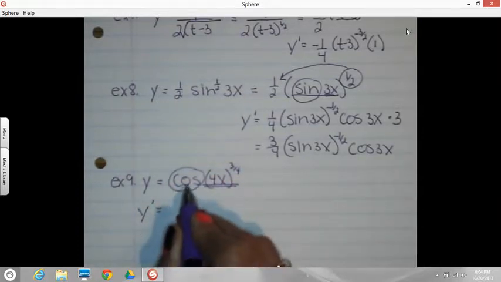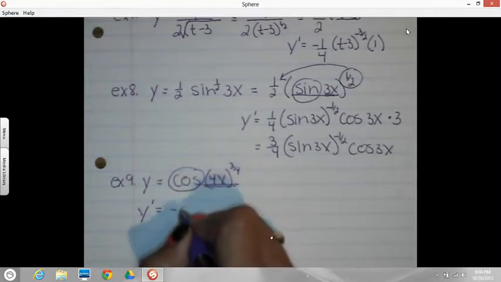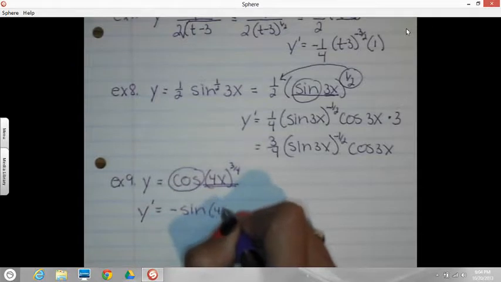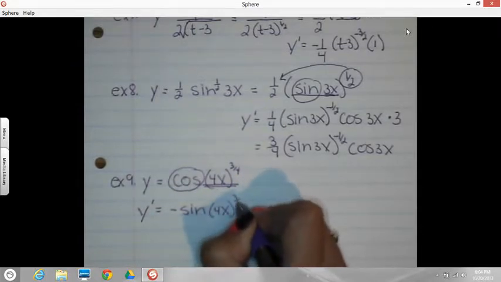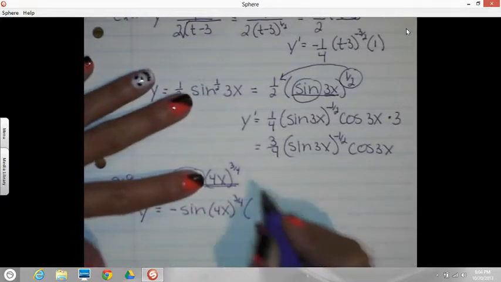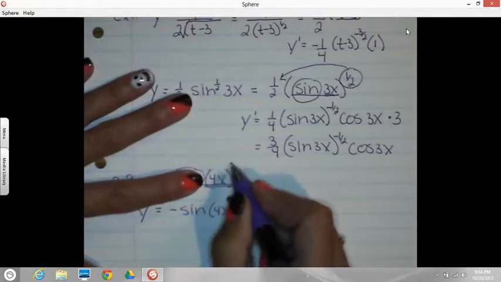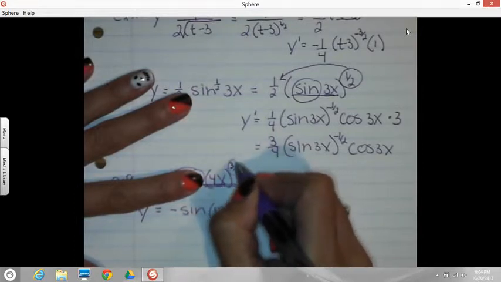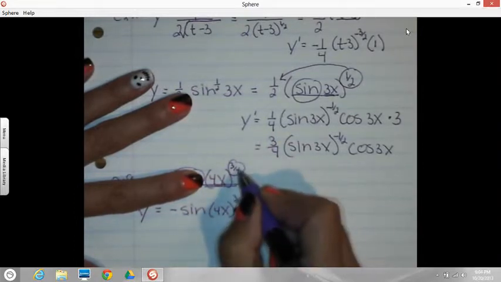Derivative of cosine is negative sine. Keep the angle exactly the same. Times by the derivative of the inside. The inside is this angle, this whole angle. Well, this angle has an inside and an outside. So I'm going to start out here with the outside.